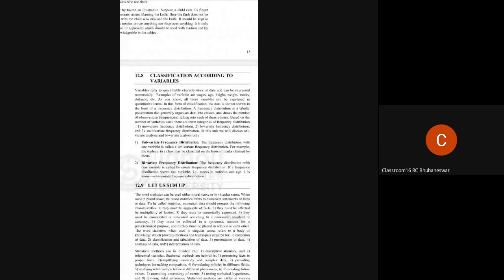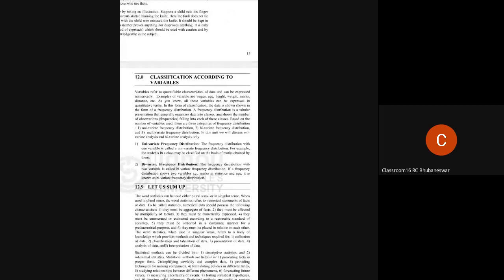Then classification according to variables. Here two forms are there: univariate frequency distribution and bivariate frequency distribution. Univariate frequency distribution deals with only one variable.